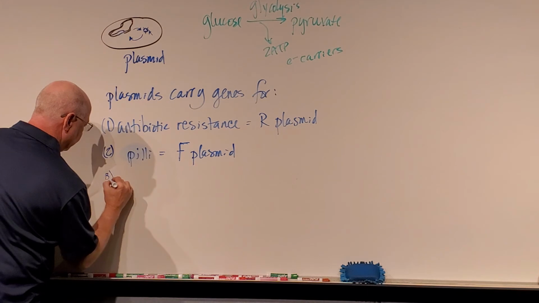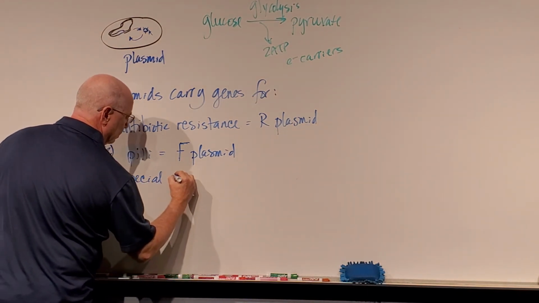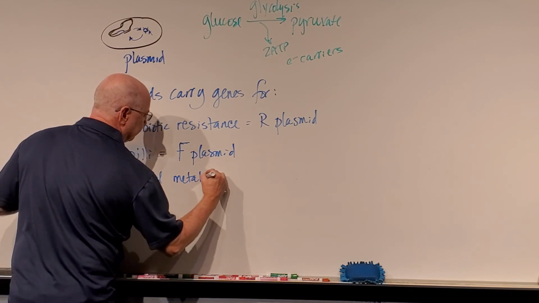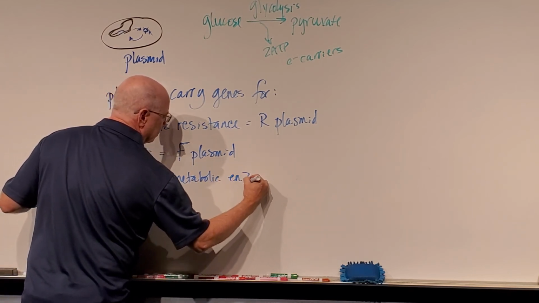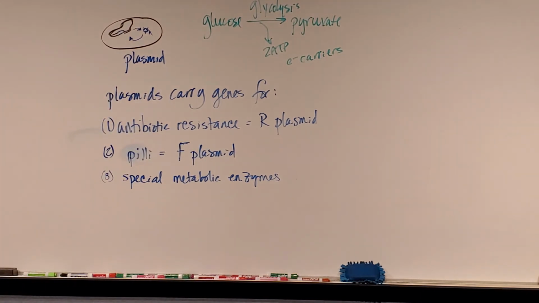So some bacteria carry plasmids for special metabolic enzymes. So there are certain conditions where a bacterium might need to make a particular gene product to metabolize some particular substrate.